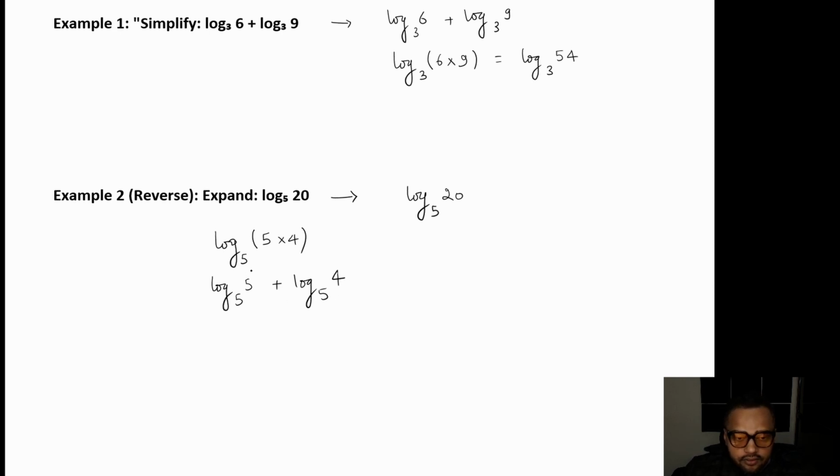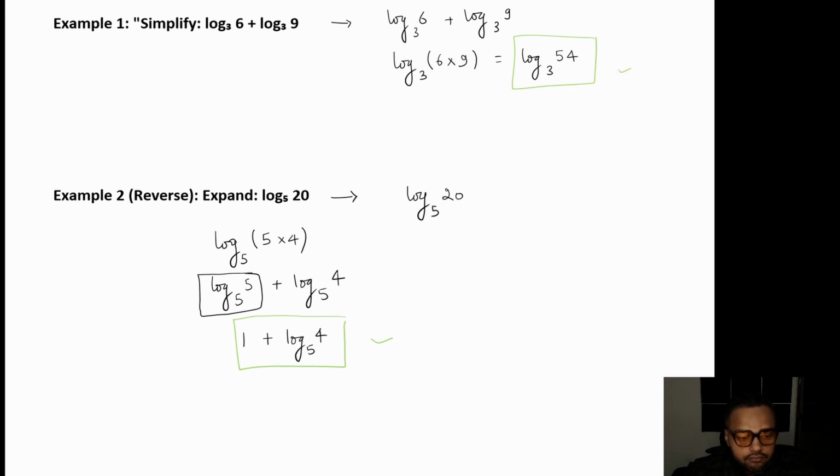We can write this, and we have learned this special property in our first lecture. So this will be equal to 1 plus log of 4 base 5. Students, this is the correct equation and the correct solution for this.